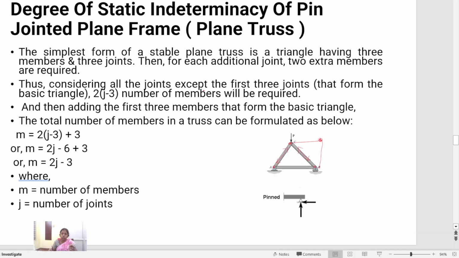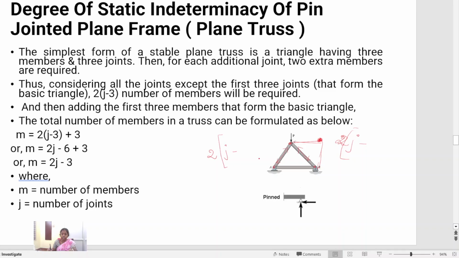Thus, considering all the joints except the first 3 joints that form the basic triangle, we need 2 into the number of joints, because each additional joint will require 2 members. So it is totally 2j, and each joint will have its axial forces.